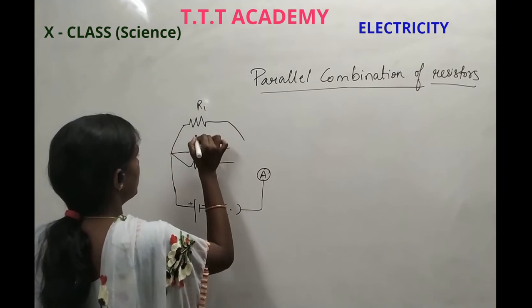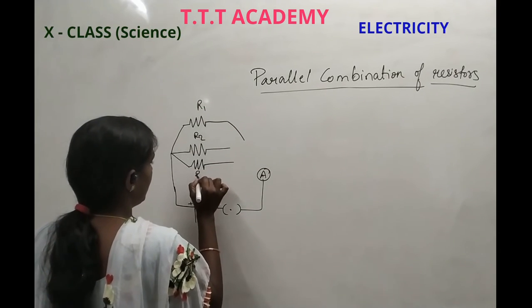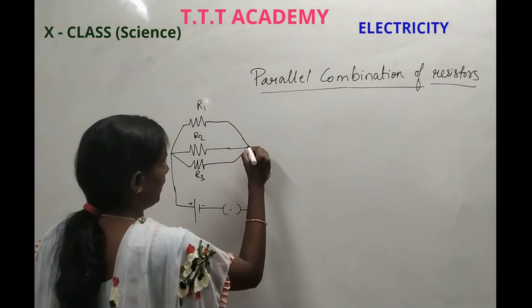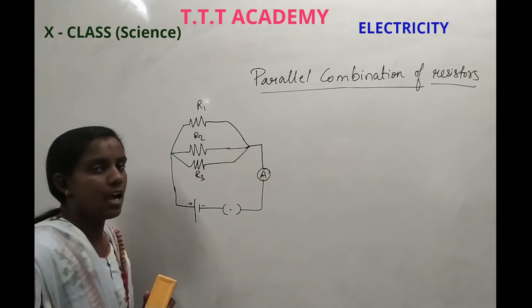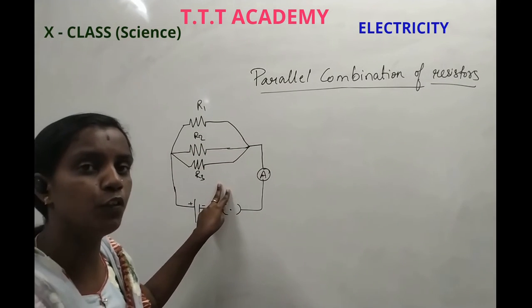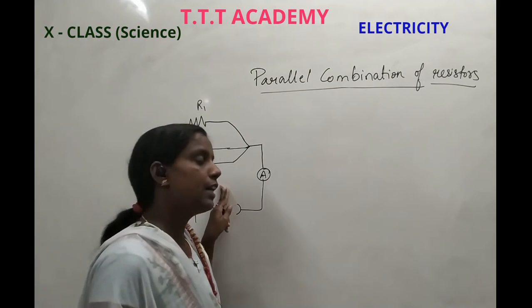This is the first one R1, R2 and R3 resistor, and again it will be connected to this ammeter. This is the way we are going to draw the circuit for the parallel combination of resistors.